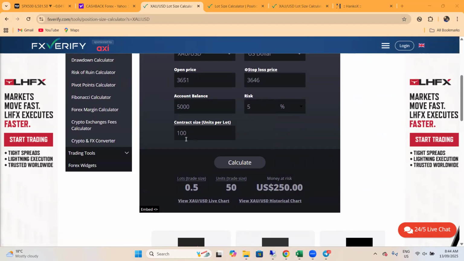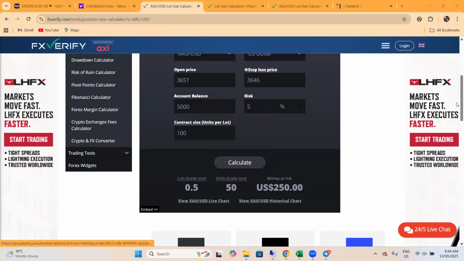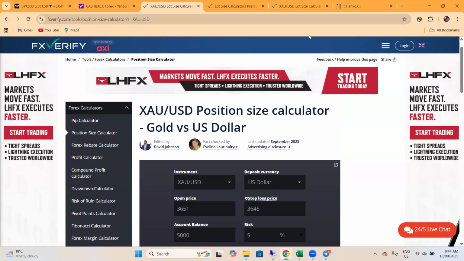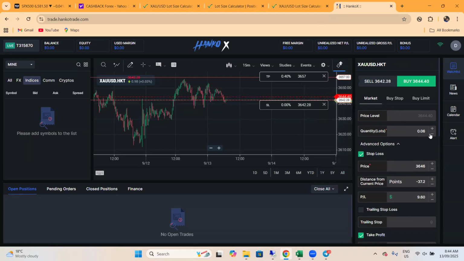So we're going to go in here and take our lot size. We're going to go onto our trading app, which is on our phone. It's not going to look like this, but it'll look similar. The market's not open, but see how I've got XAU USD here?